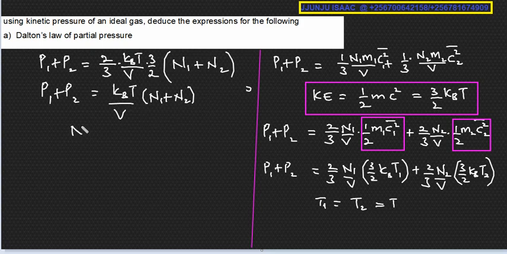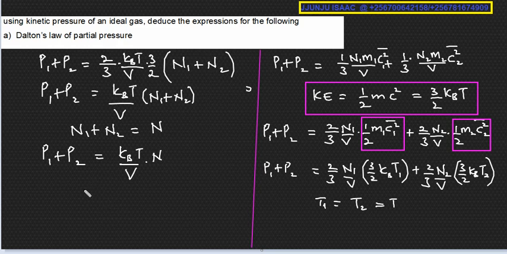But now N1 plus N2 is equal to N, the total number of molecules. So we shall get P1 plus P2 equal to kB T over V times N.